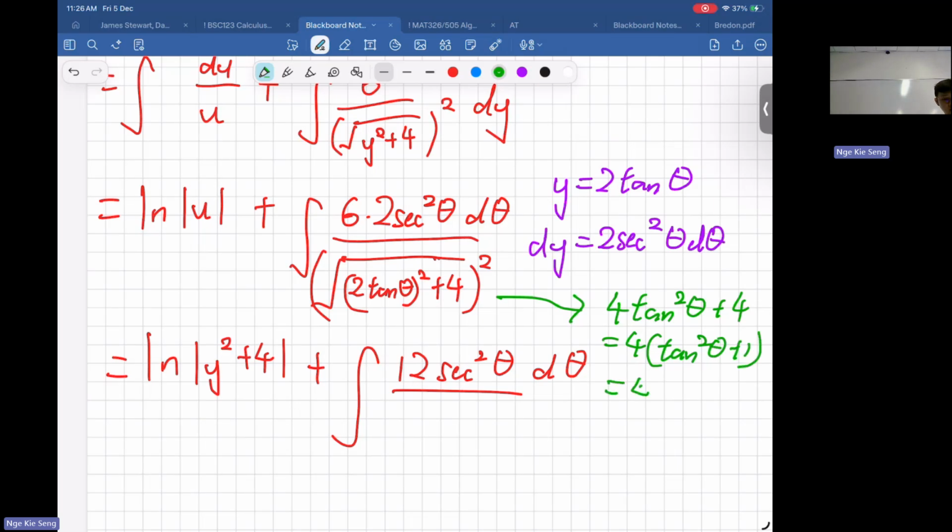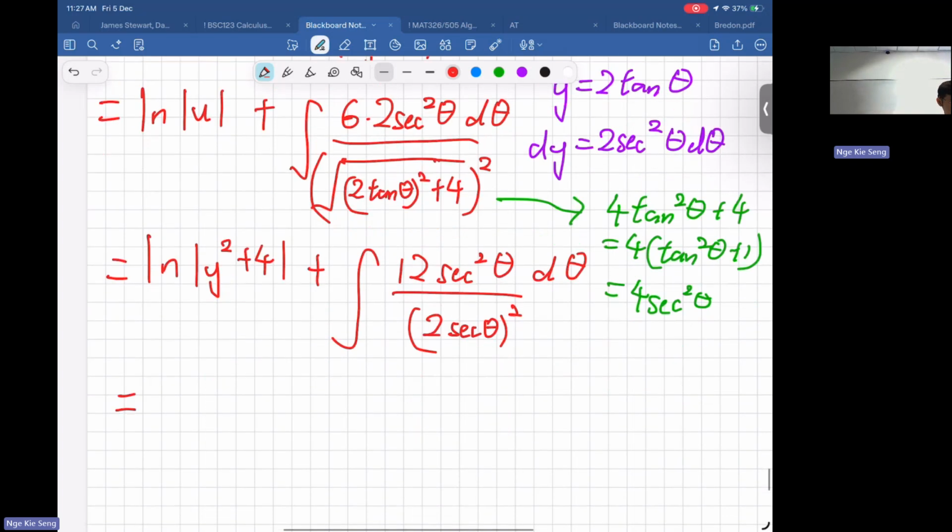But what's this? This is secant squared theta. I hope I'm not wrong. Yep, okay, good. So at the bottom here, we get the square root of it, right? So it becomes 2 secant theta, everything squared. Good. You just see nice stuff coming up. See or not? The secant squared on top has something to cancel with the denominator.